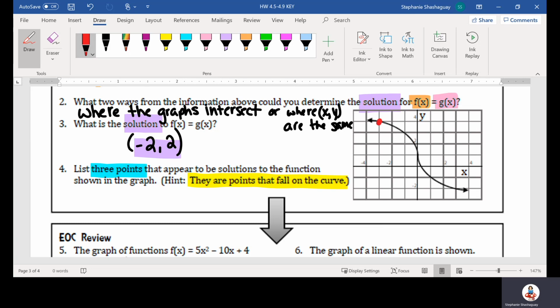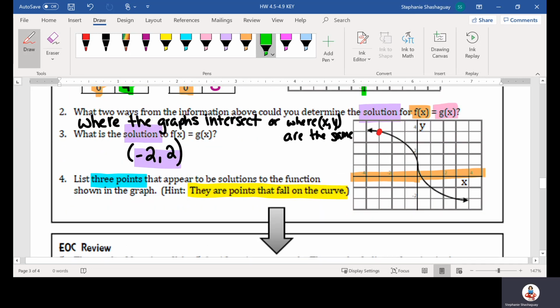And again, I'm going to highlight my x-axis because it's really hard to see here. 2, 1, 0. That's my x-axis. And my y-axis I'll do in green. That one's right there.